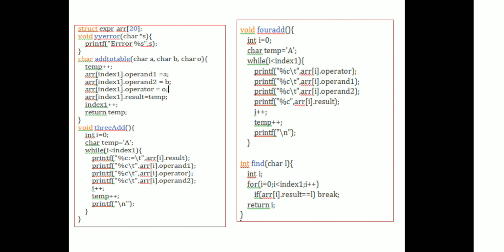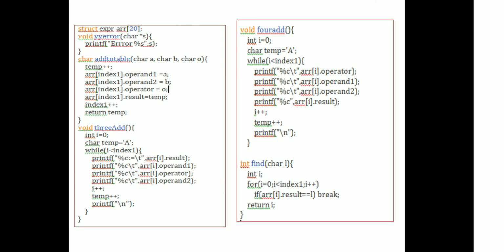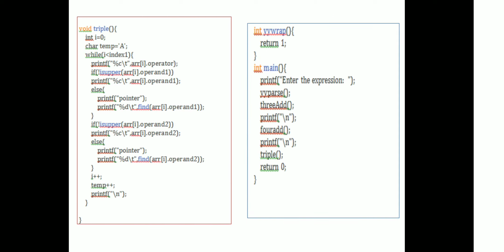we need to check the pointers, because the result is not displayed here. That's why we check the pointers. We apply the find function, which is basically called by this triple function.